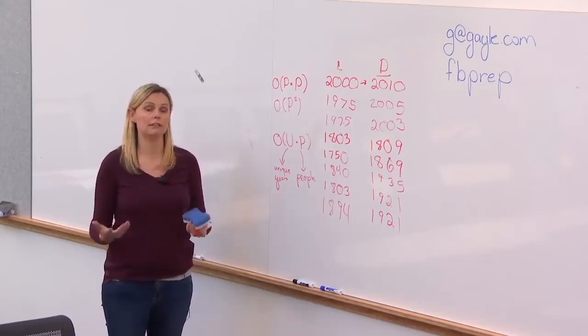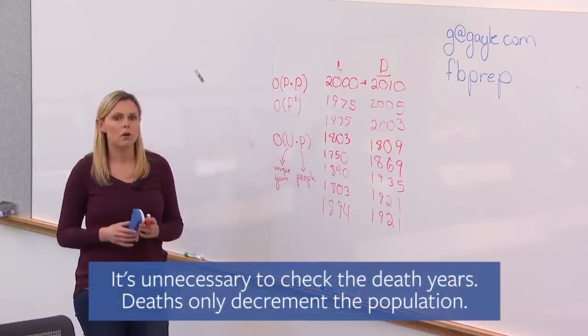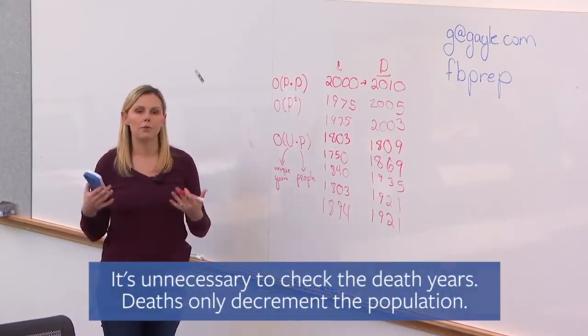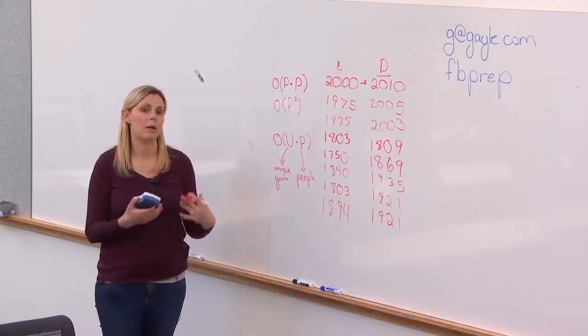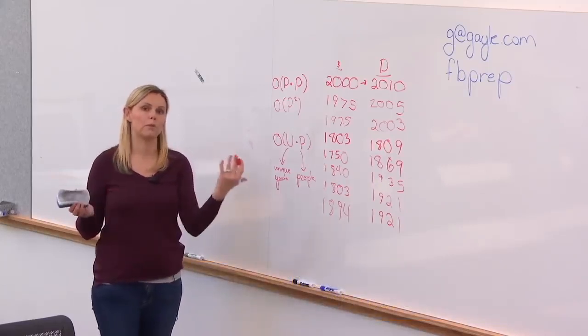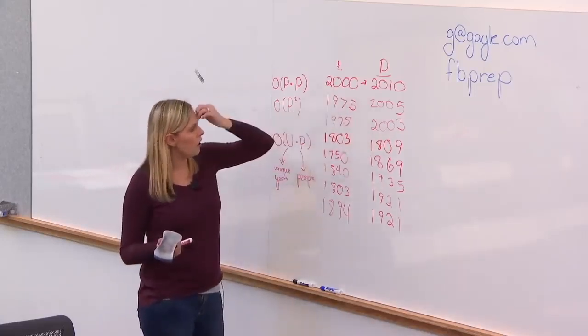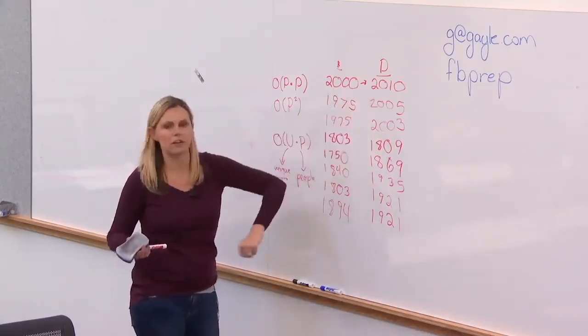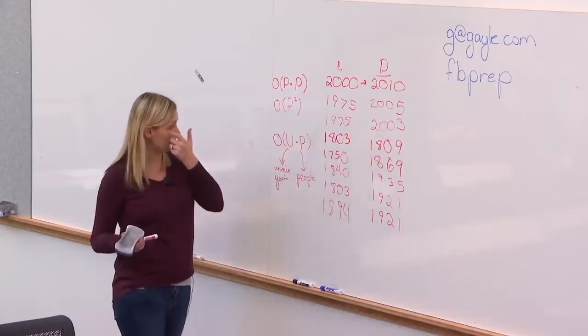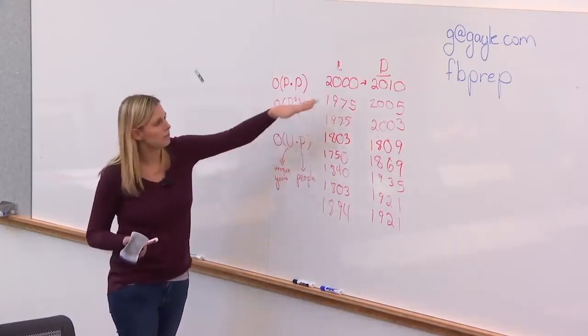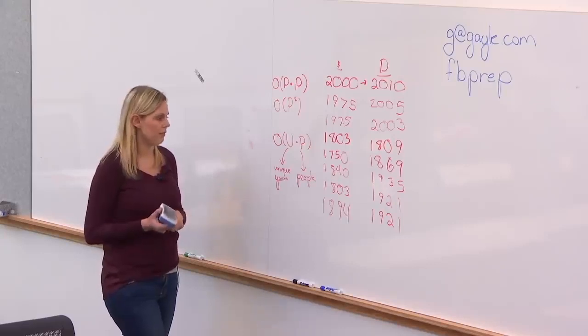It doesn't increase my population by definition. So the death years are not going to be the year where the population peaks, unless there are also births in that year. So I actually don't need to check my death years because death just decrements. I only need to check my birth years. So walk through each birth year and check how many people are alive in that year.